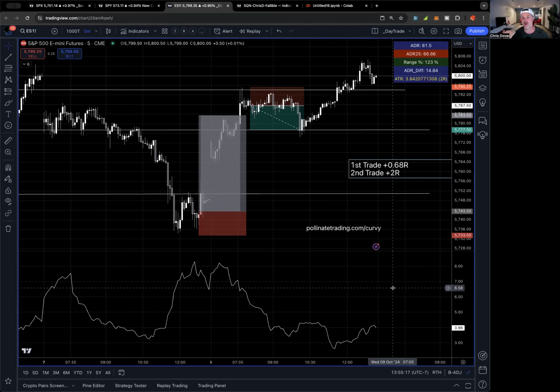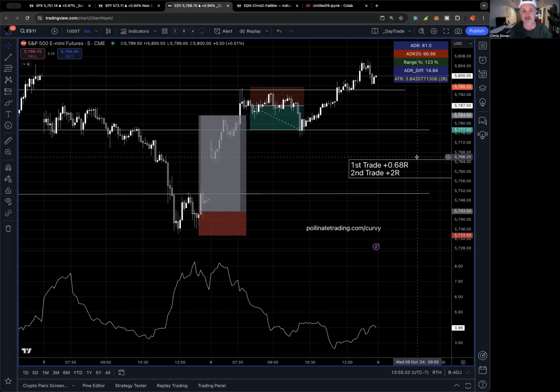So maybe put a $500 R value on a day like today. 2R is $1,000. 2.6 is like, what is that? 6.3. So like a $1,400 day if you're running a $5,000 drawdown type of strategy.